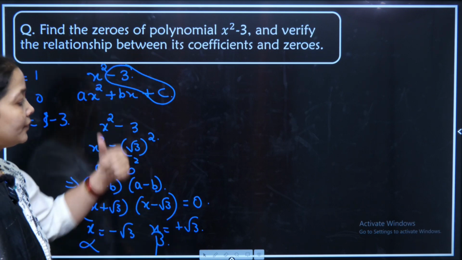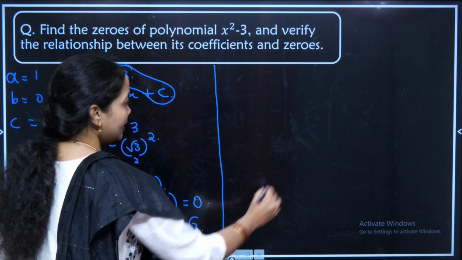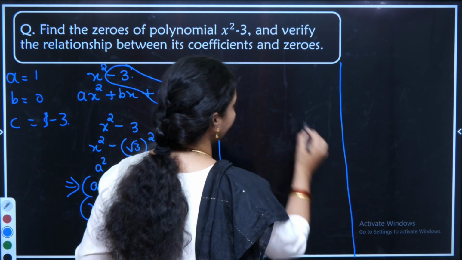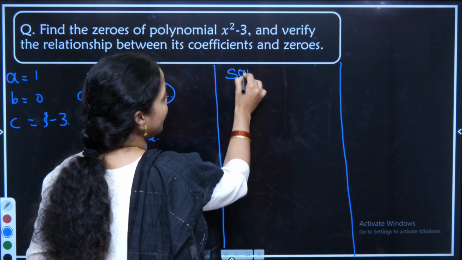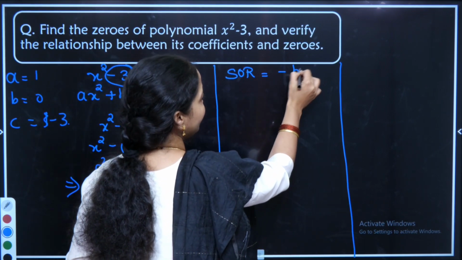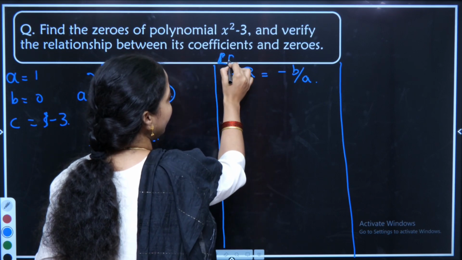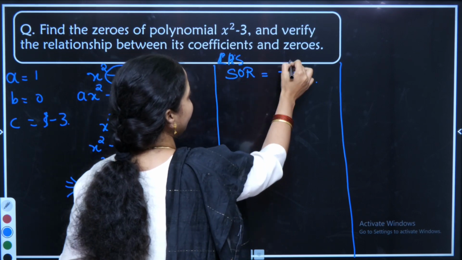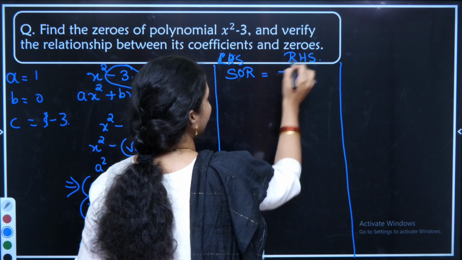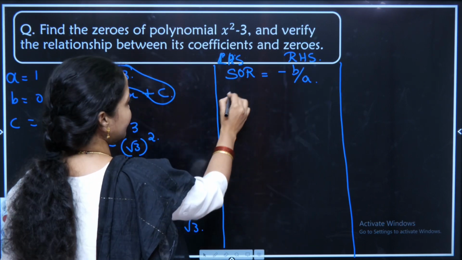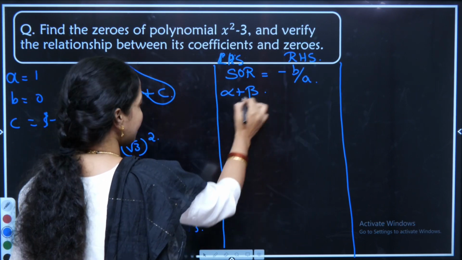Let us try to verify them. The verification will go for sum of roots and product of roots. Directly writing the formula, sum of roots is minus b by a. This is LHS and this is RHS. Sum of roots, alpha plus beta. What is alpha?